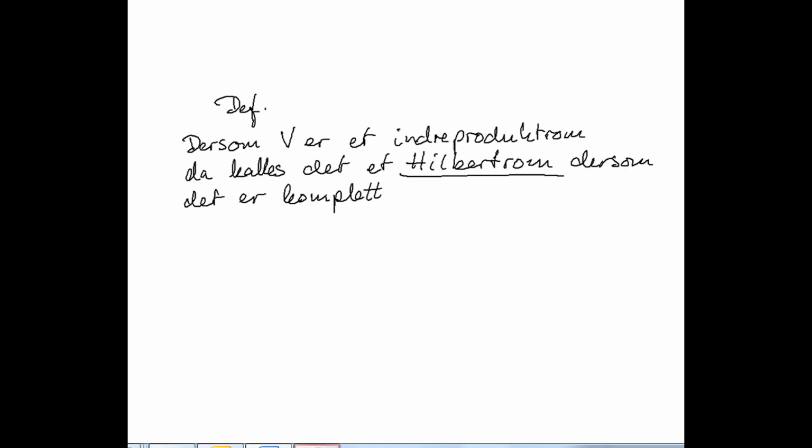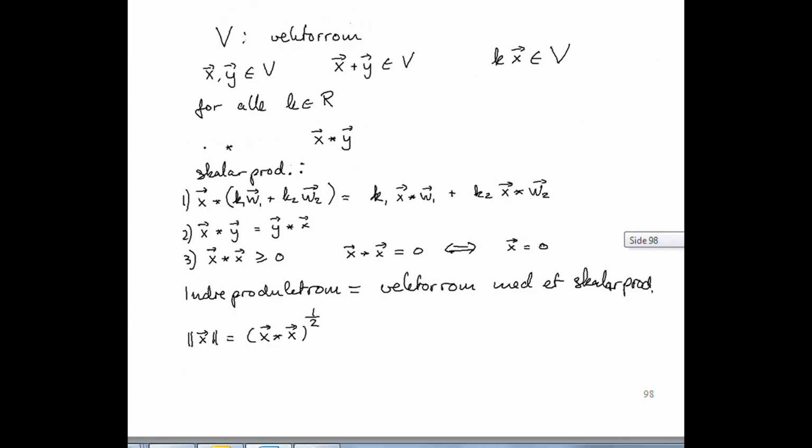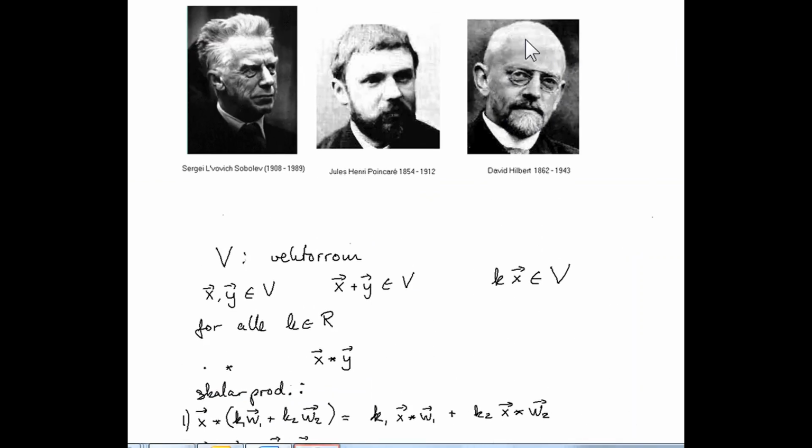And Hilbert is one of these persons. You have him here. He was not the inventor of the space, but he used it and is known for making the most remarkable results in the modern theory of partial differential equations.